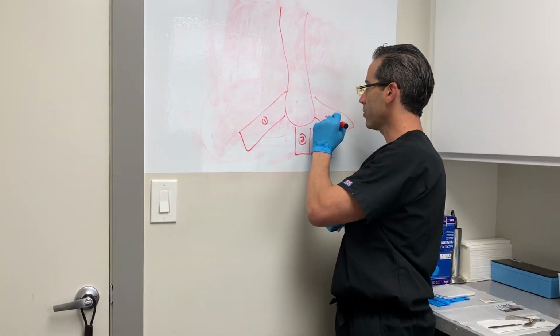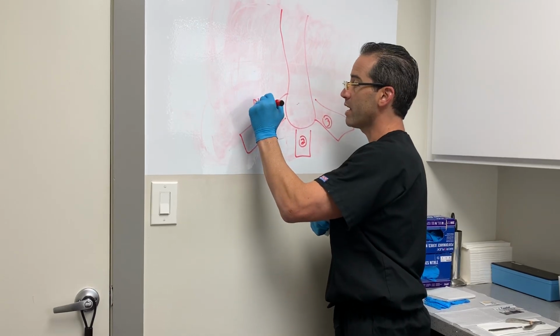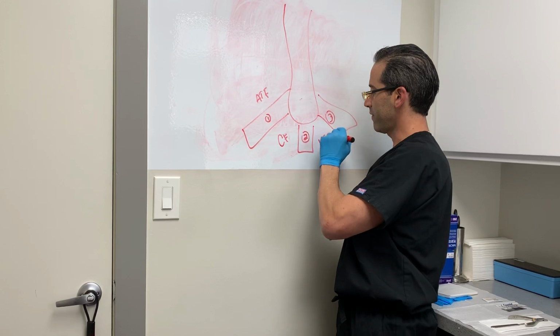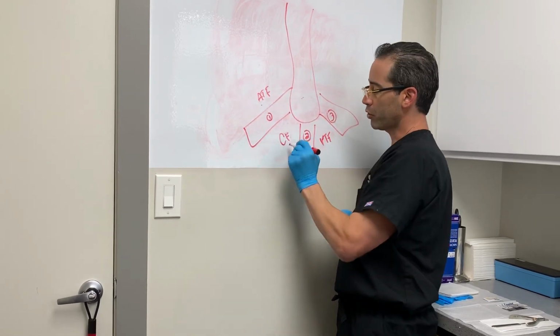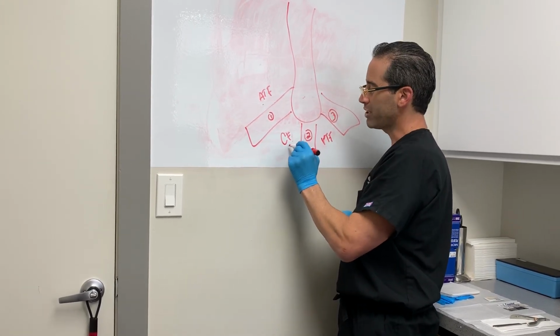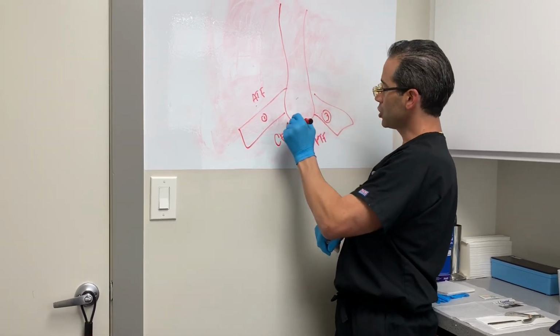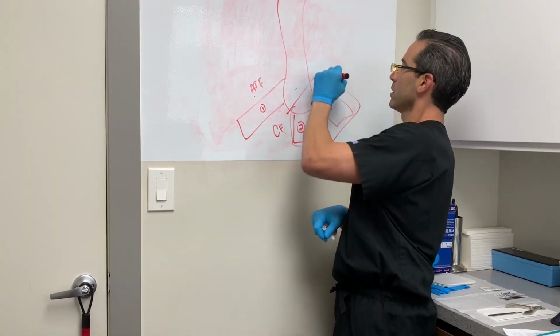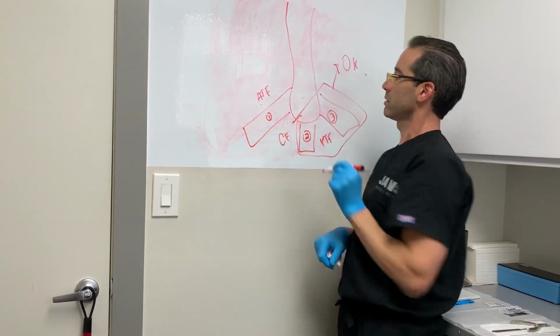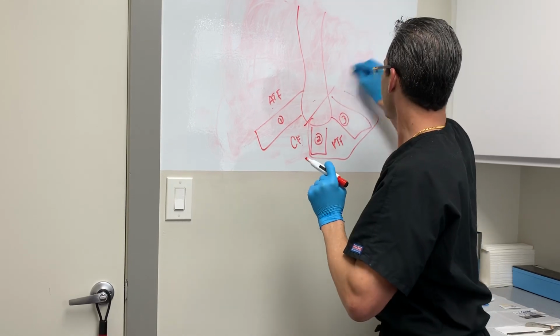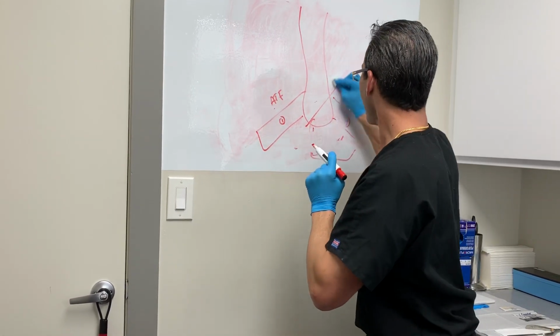We have the ATF, CF, and PTF. Anterior talofibular, calcaneofibular, and posterior talofibular. These two, right, are okay. So we're going to go ahead and erase these and focus on the problem.